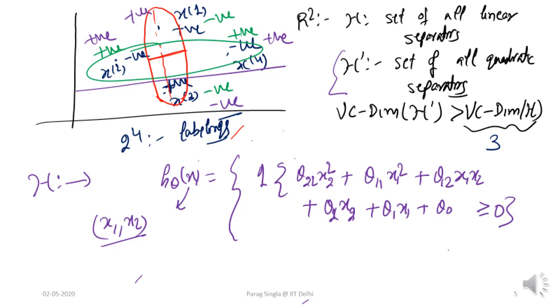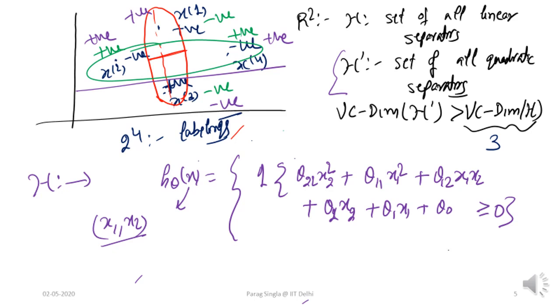Now the interesting question is, is it exactly 4? And I think the answer is no. There is probably a formula which lets you compute the VC dimension of arbitrary degree polynomials in, let's say, 2D space or in high dimensional space, but maybe that's something I will share separately.